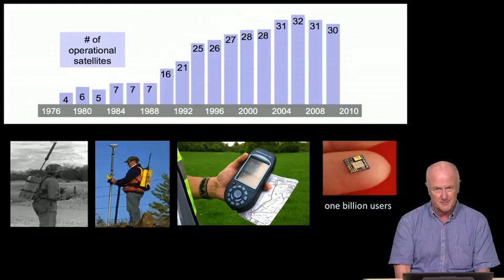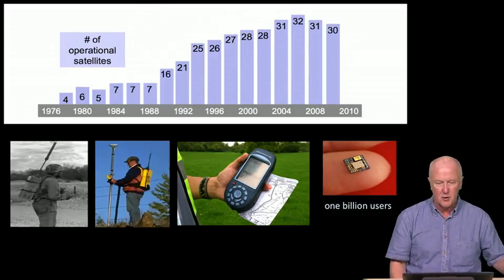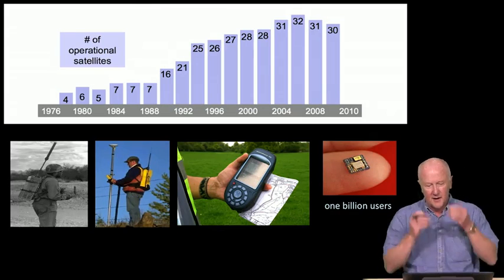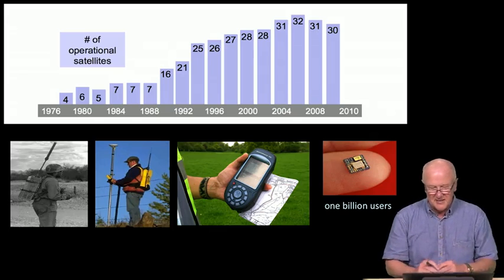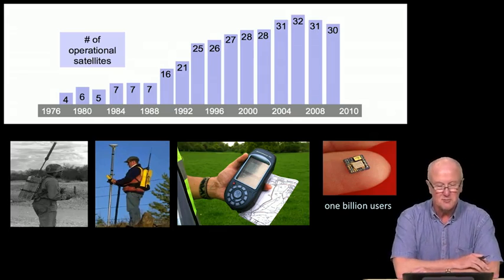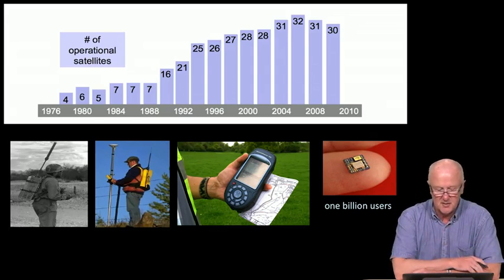Here's a timeline. And it tells the story of the growth of GPS. On the far left would be 1973. That's when GPS was approved by the Department of Defense for a deployment, or at least a prototype deployment.